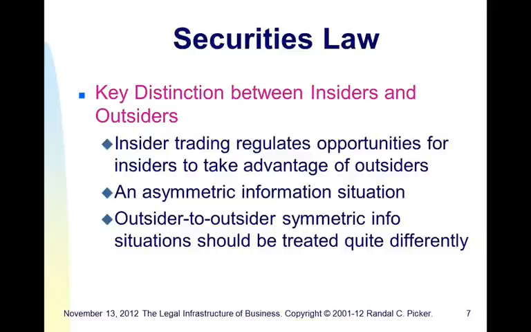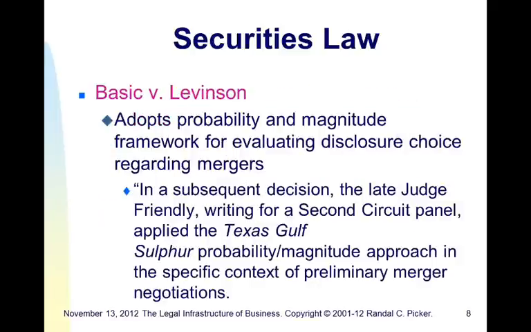And our insider trading regime is all about controlling the ability of insiders to exploit that information as against outsiders. We don't have those same concerns in outsider situations, and BASIC is effectively an outsider situation.